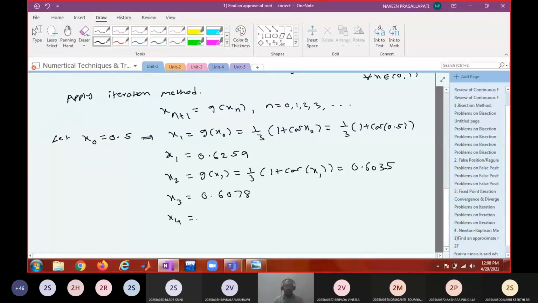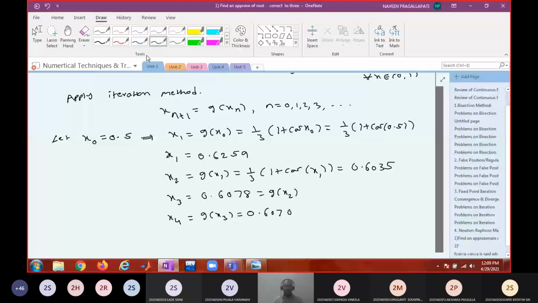x4 equals g of x3. 0.6070. So we got 3 decimal places of accuracy. 3 decimals are equal in 2 consecutive approximations.